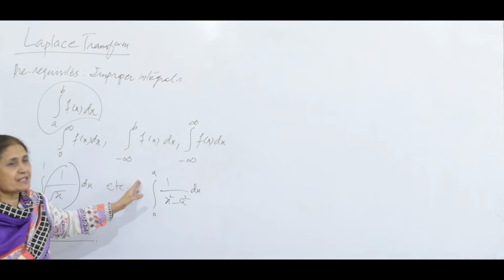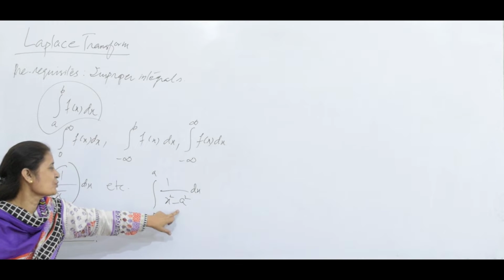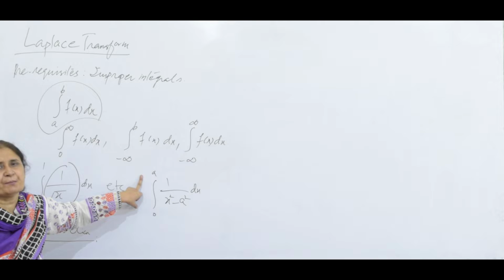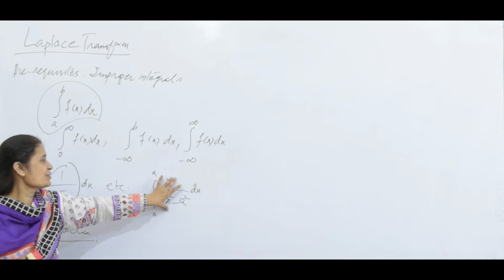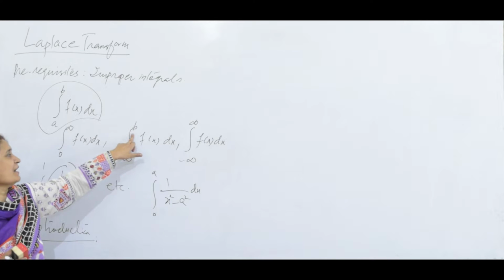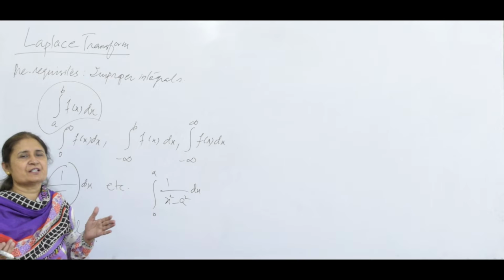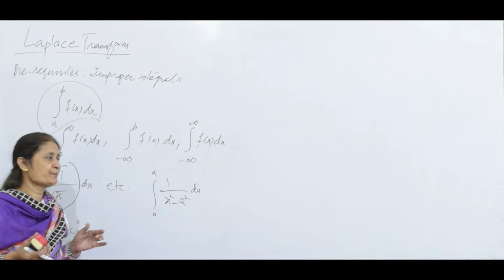These limits are finite, but this function 1 over x square minus a square is undefined at x equal to a, which is the upper limit. So either the function is undefined at one or more points or one or both limits are infinite, then the integrals are said to be improper integrals.